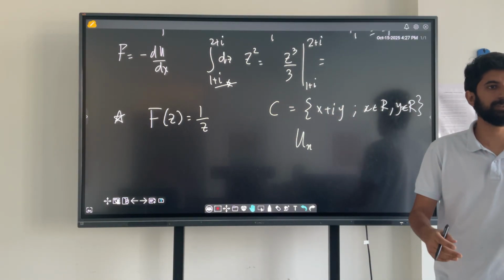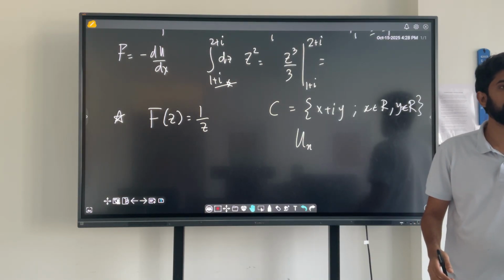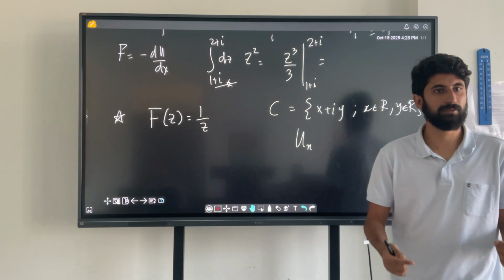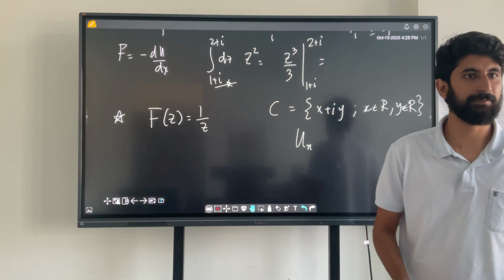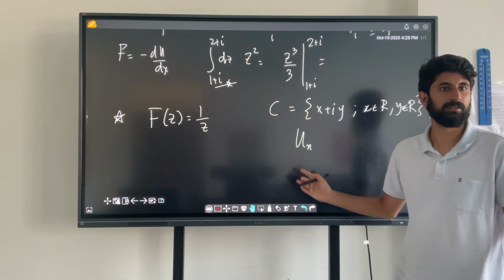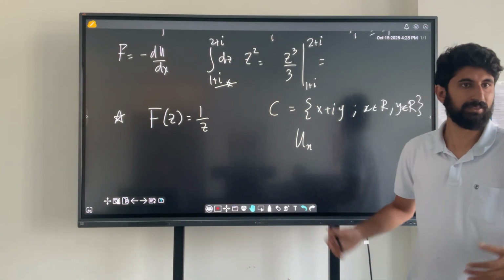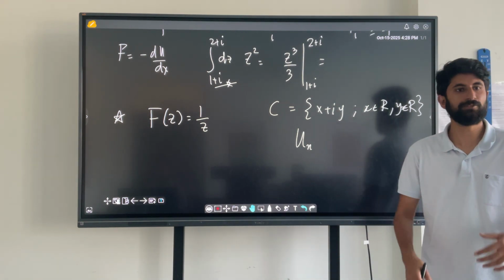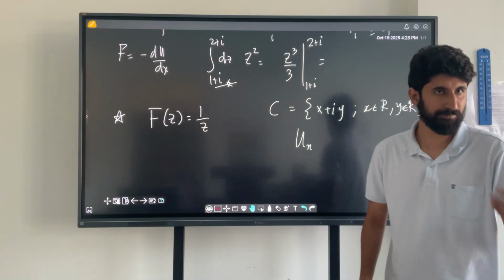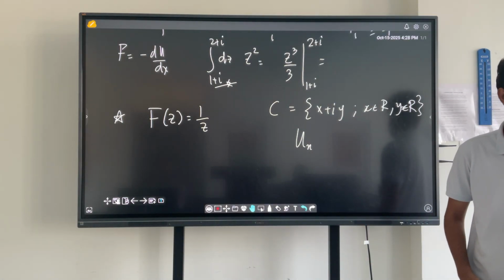The left hand limit should be the same as the right. The derivative should be continuous, not the function. Well, the function has to be continuous too, because otherwise this derivative will blow up if it has a sudden jump.